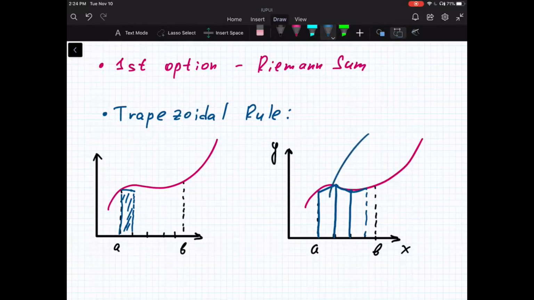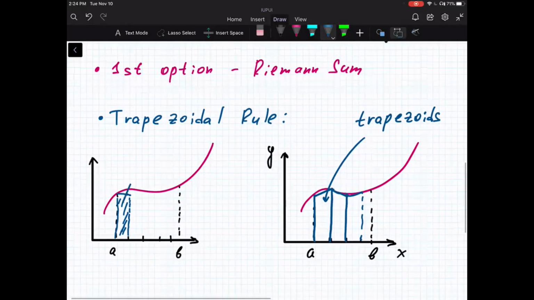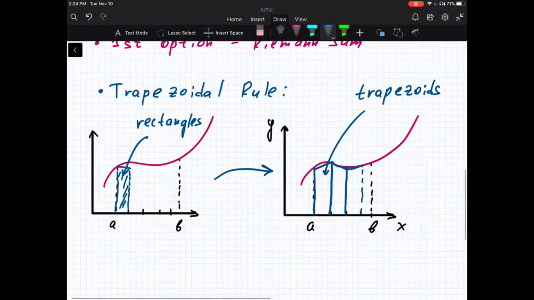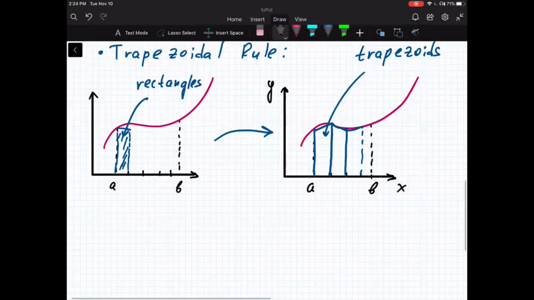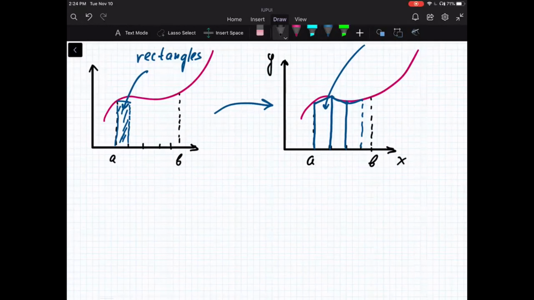So these are trapezoids, while initially we had rectangles. And you repeat the same steps. You consider the area of all these trapezoids, then sum them up, and that will give you an approximation of your area.